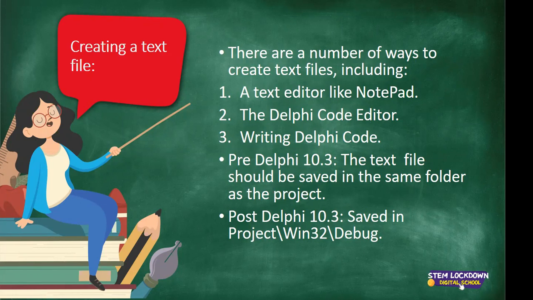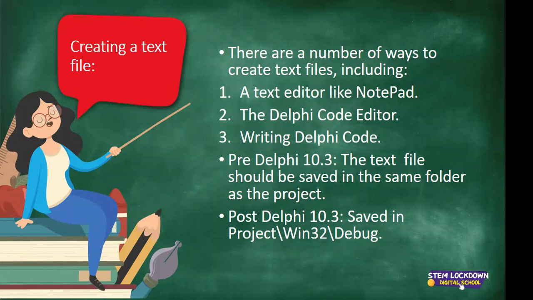After we've created this text file, it's important to know where to place it so that our program knows where to find it if it wants to open it. The older Delphi versions, before 10.3, required that we save the text file in the same folder as the project.